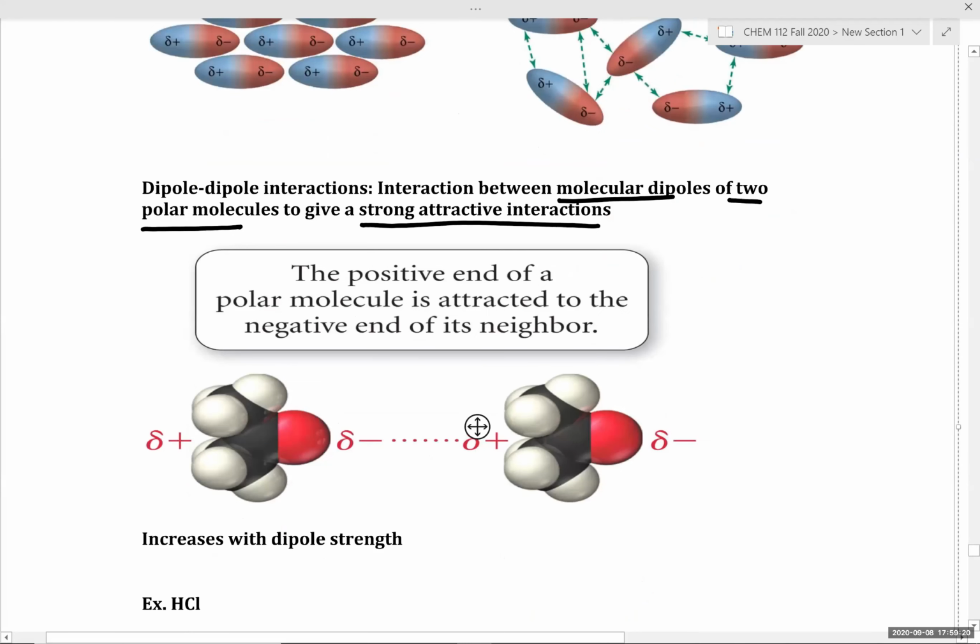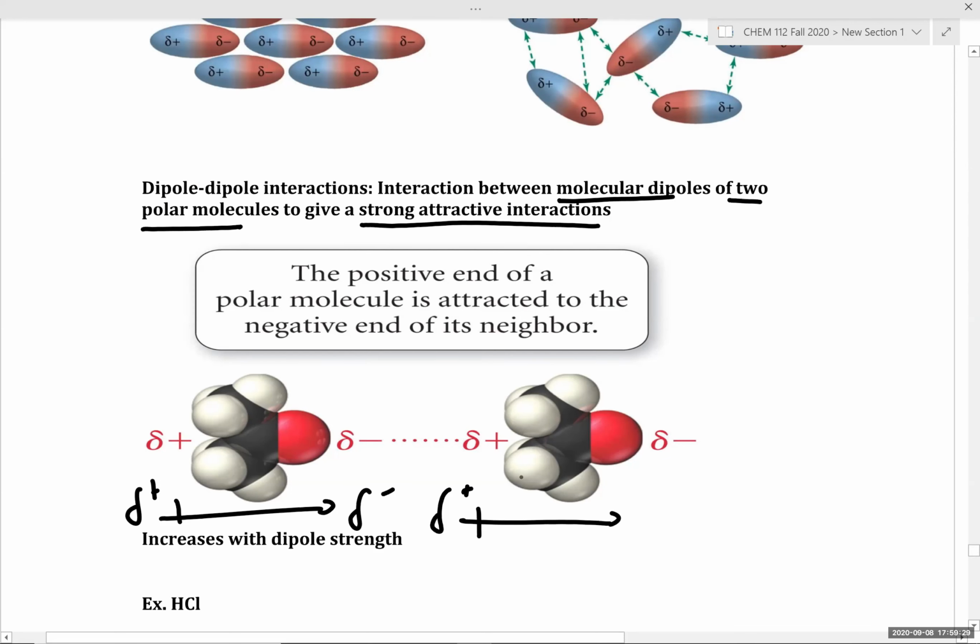As we notice, the partial negative portion of our dipole is attracted to the partial positive portion of another dipole. So key thing here, dipole-dipole interactions only occur if we have polar molecules. If we don't have a molecular dipole, these interactions do not occur.